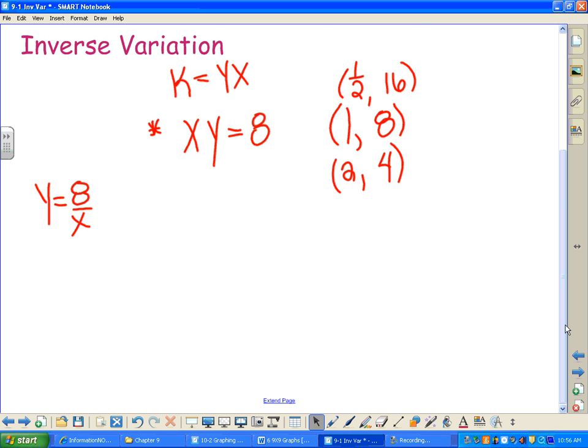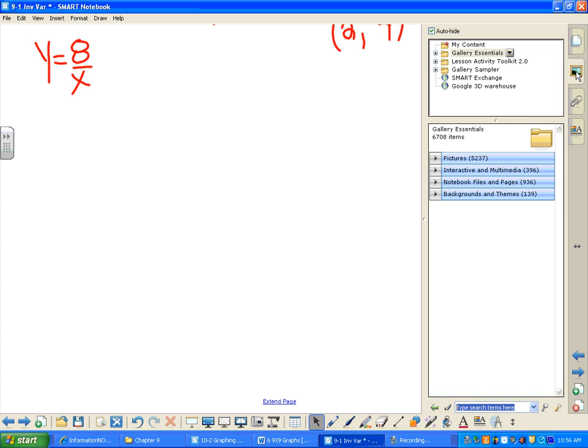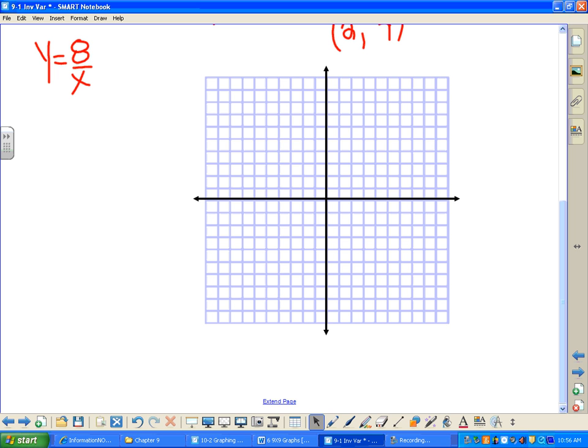Now, let's do a quick graph of 8 over x and see what that would look like. We already had a few points: 1 comma 8, 2 comma 4. What would be another point? 4 comma 2.